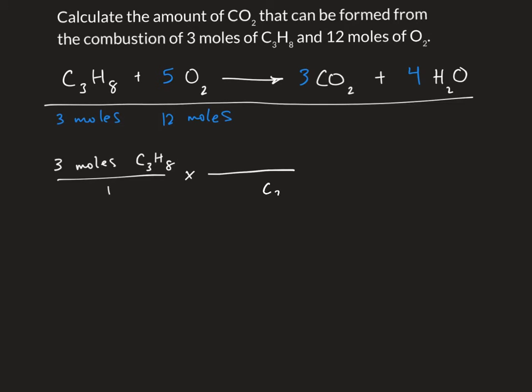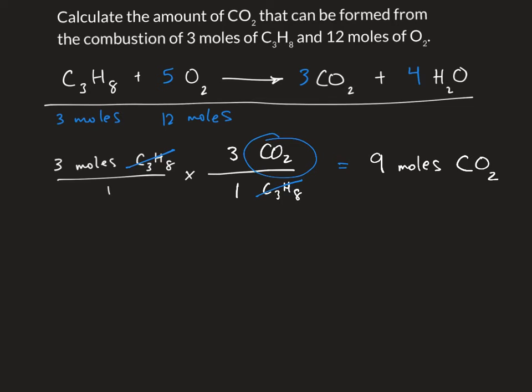So we put propane on the bottom and CO2 on top, and write in our coefficients: 3 from carbon dioxide and 1 from propane. Propane cancels, leaving us with CO2. We end up with 3 times 3 divided by 1, which gives us 9 moles of CO2 from using our propane.